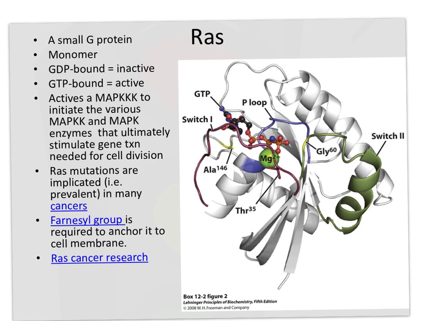RAS is really tiny. We can see the GTP here. Depending upon whether it's GTP or GDP is whether RAS is active or inactive. So once it's farnesylated, it's even more hydrophobic.